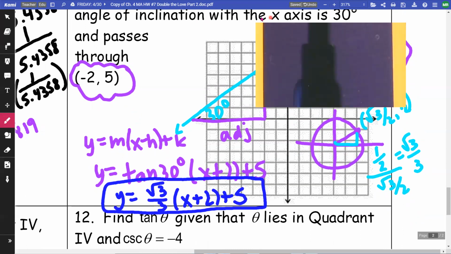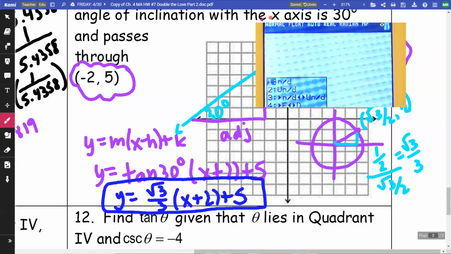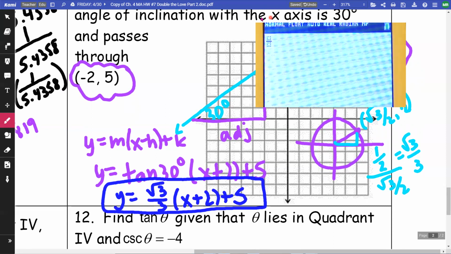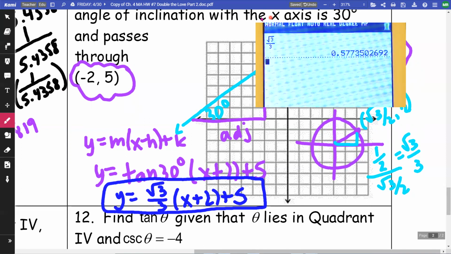So just to show you, if I was to put in my calculator the square root of 3/3, and if I put my calculator in degrees, and I did tangent of 30 degrees, you're going to see I'm going to get the same answer, okay, which is 0.577. But √3/3 would be the exact slope.